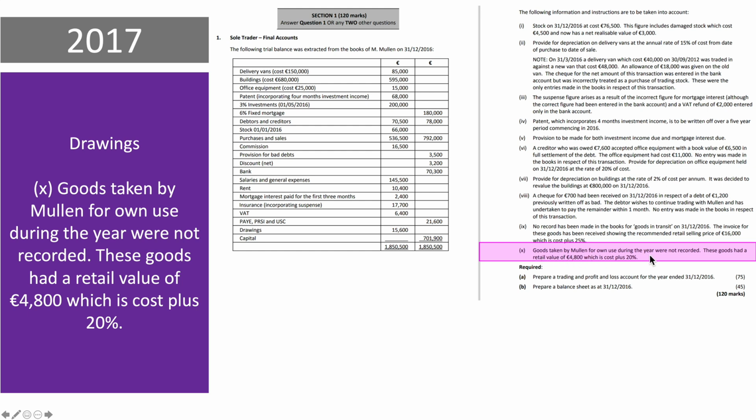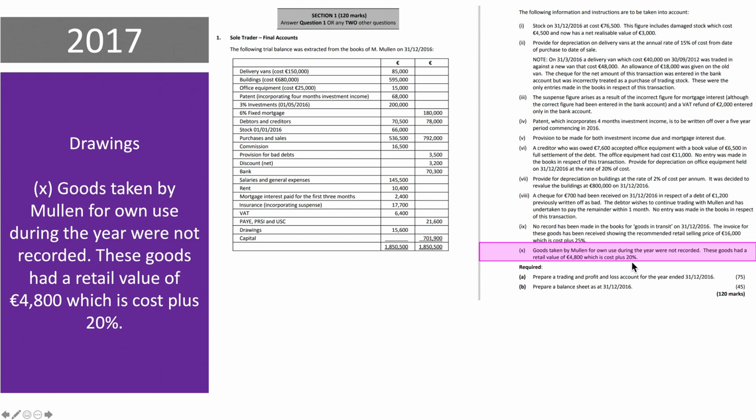I've said before, I'll say it again, when we see goods or stock and the words during the year, you're going to be looking at purchases. So Mullen took goods for own use during the year, and we didn't record it, so we need to record it now. These goods had a retail value of 4,800, which is cost plus 20.